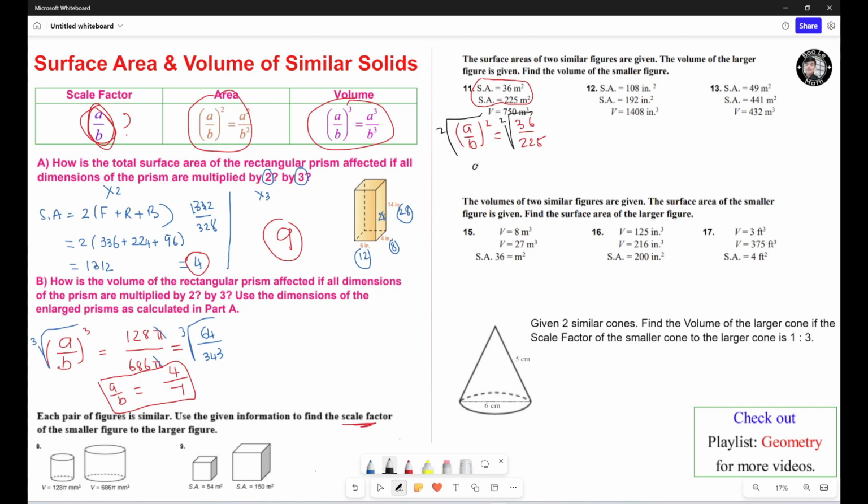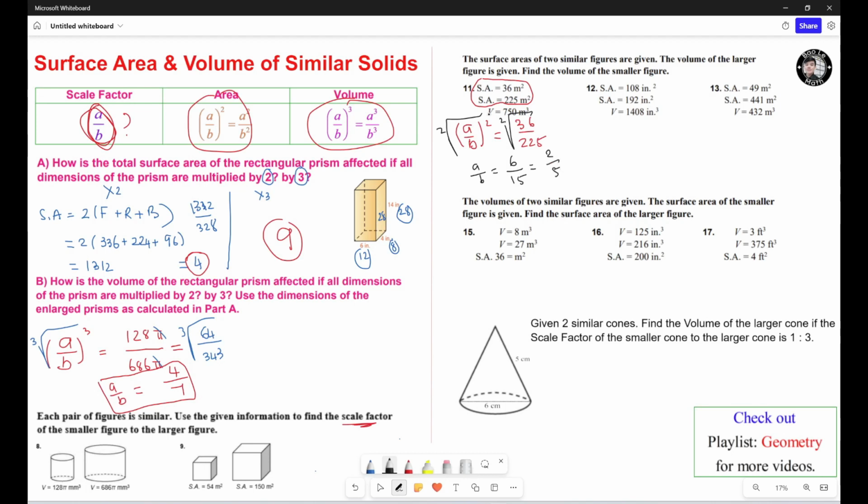And the answer is going to be, the scale factor should be A over B equals the square root of 36, which is 6, over the square root of 225, which equals 15. And you need to simplify this one. 6 over 15 is going to equal 2 over 5.